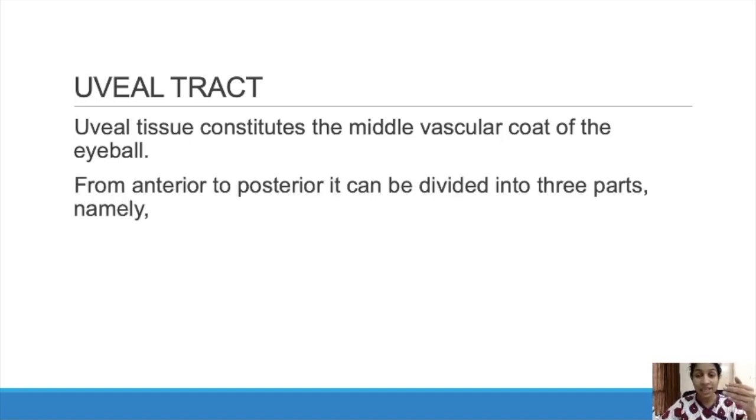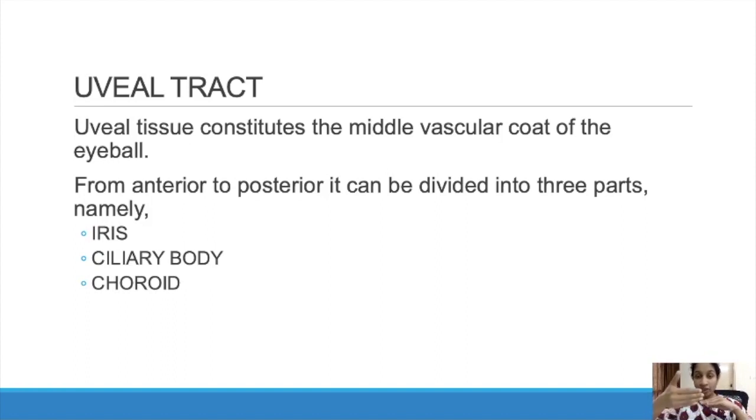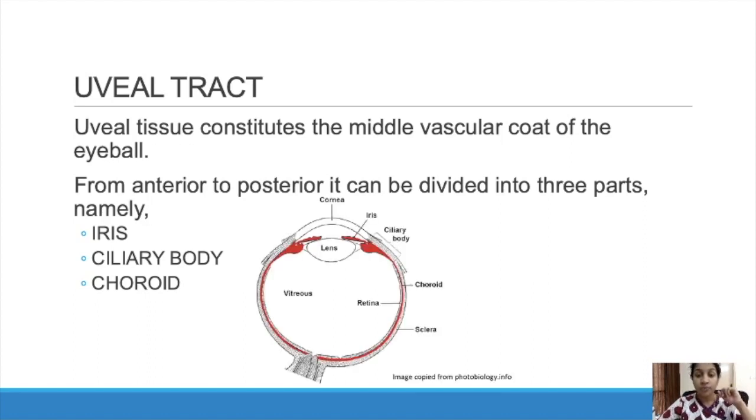From anterior to posterior, it can be divided into three parts, namely iris, ciliary body, and choroid. So from the front to back, we can divide this uveal tract into three. First one is iris, second one is ciliary body, and third one is choroid. In this picture, you can see this is the iris, this is the ciliary body, and this is the choroid.